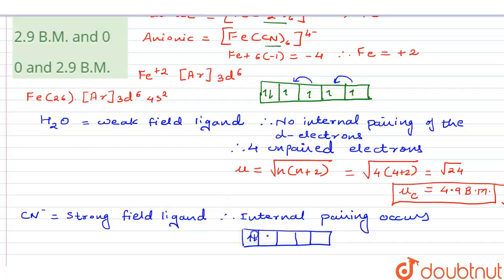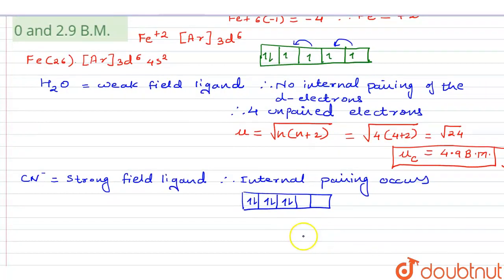Hence I get these 3 pairs from Fe2+, and then there would be 6 pairs of electrons from the cyano groups accommodating in the other orbitals: 2 of d, then 1 of s, and then 3 of p. So it would be a kind of d2sp3 hybridization. In short, I will not be left with any unpaired electrons.